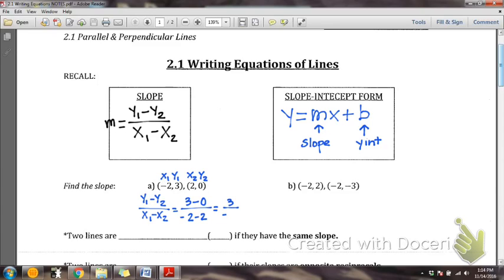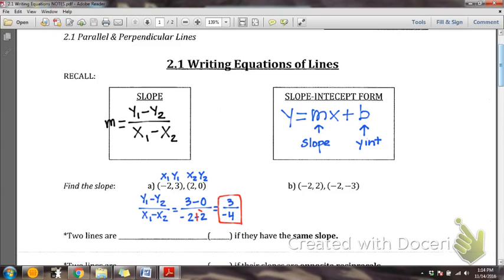It's negative 4, right? Negative 2 plus a negative 2 becomes negative 4. So our slope is 3 over negative 4.